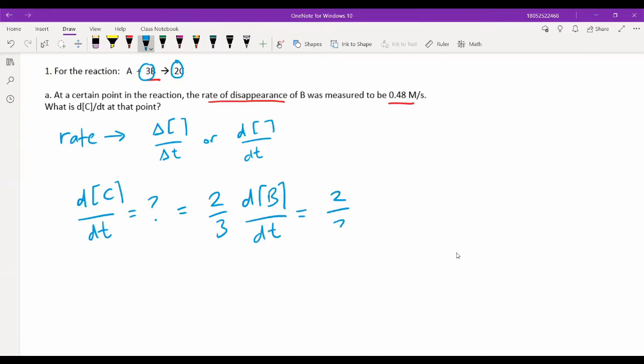So we have 2/3 of 0.48, which gives us 0.32, same units, molarity per second. Okay, so I hope that makes sense. Again, just using a stoichiometric ratio from B to C.